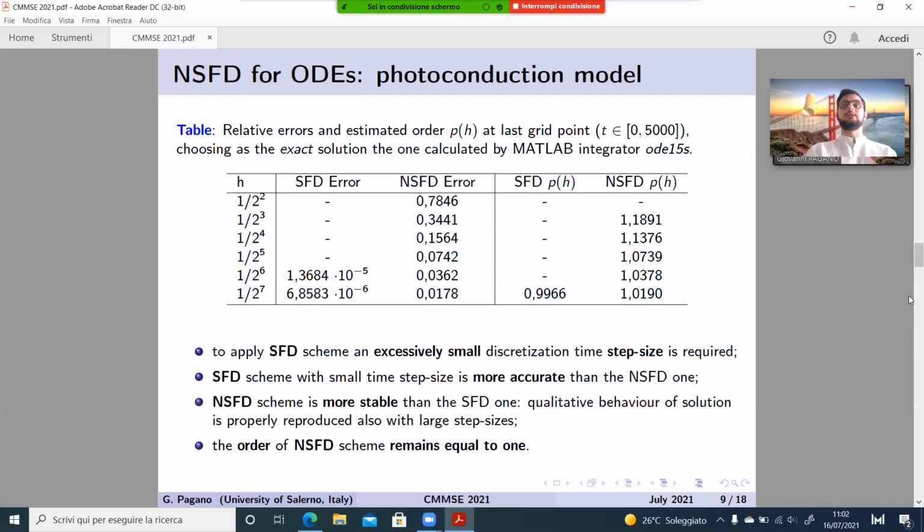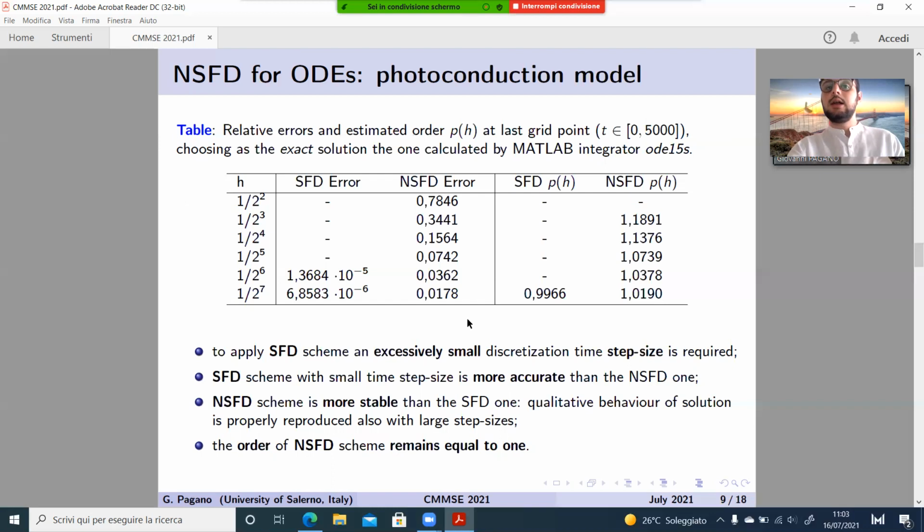In fact, in this case, it is interesting to solve this problem in very high intervals. And in very high intervals, we can use the standard scheme also using a very small step size h. So if we don't want to over-reduce the step size and have a computational cost or computational time very high, we have to use the non-standard scheme.